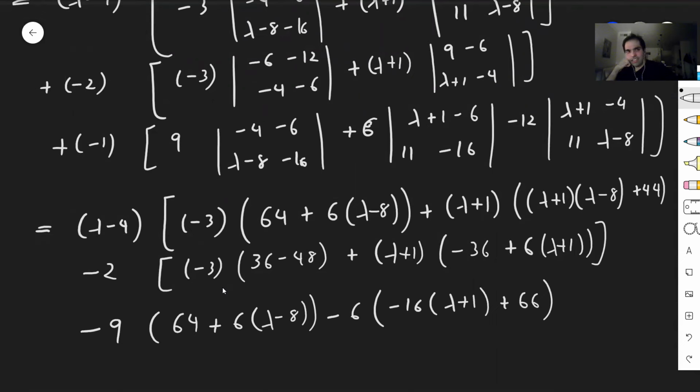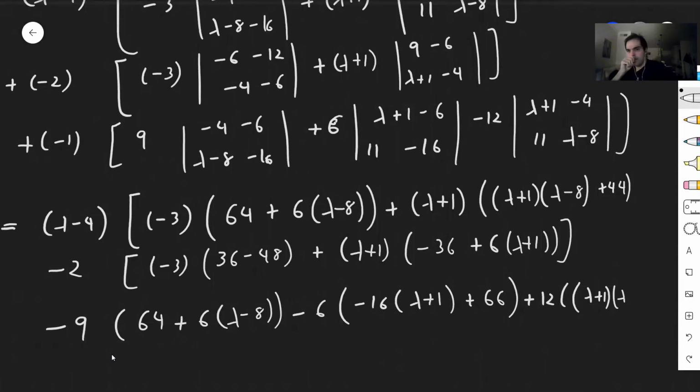And then, let's see, so minus plus 12 times, so lambda plus 1 times lambda minus 8, like this. Lambda minus 8 and then plus 44. Okay, whoosh. Okay, now we can move on.